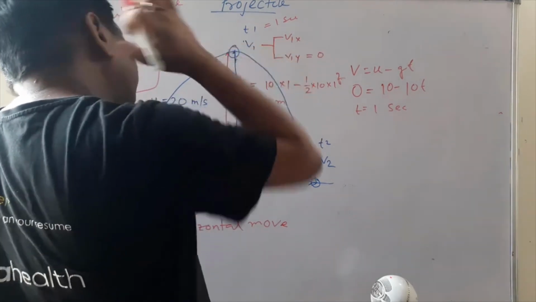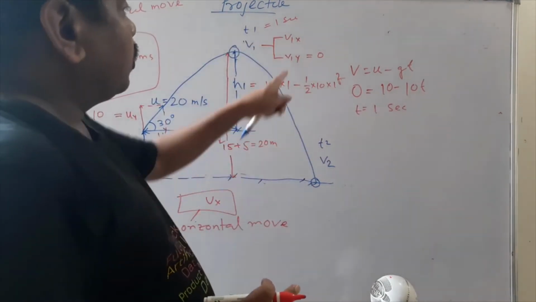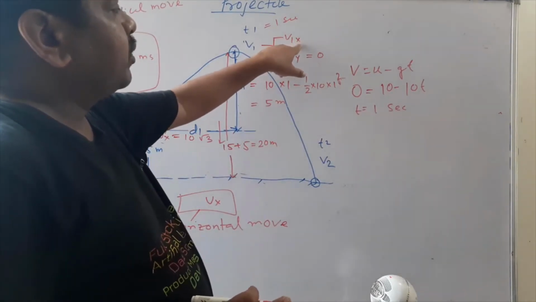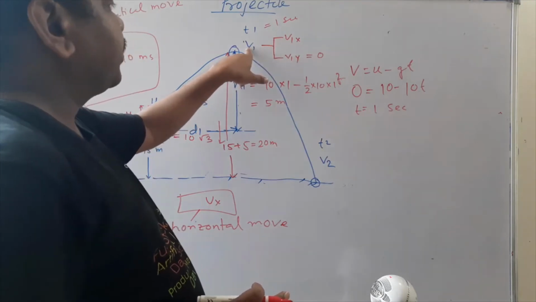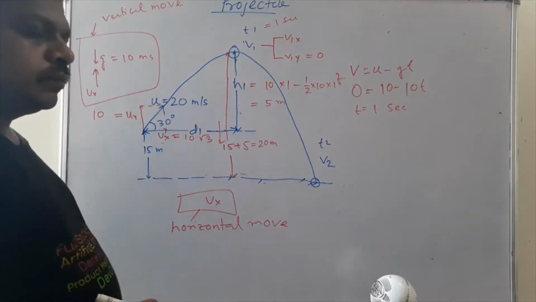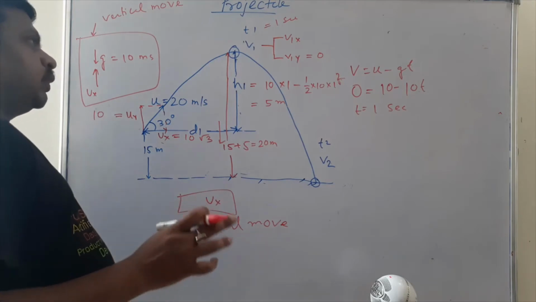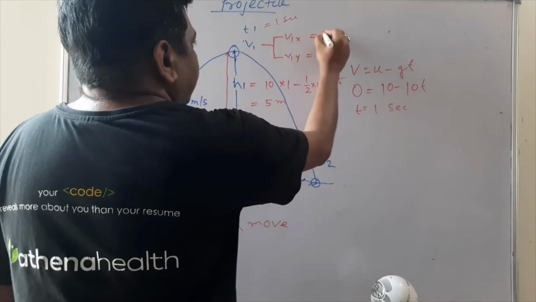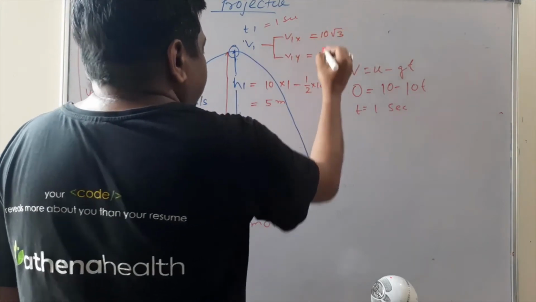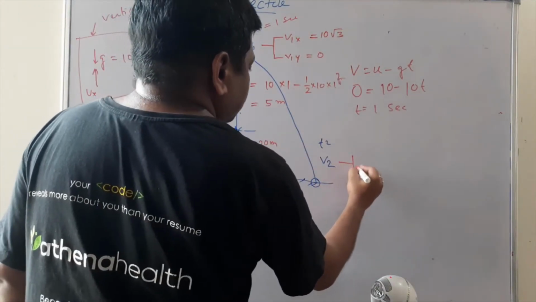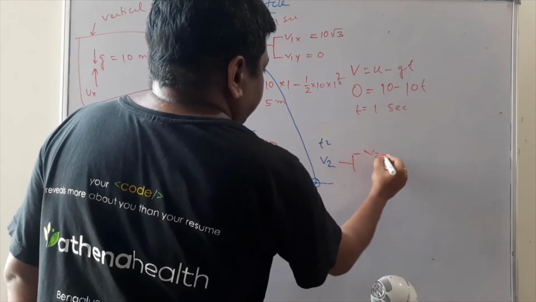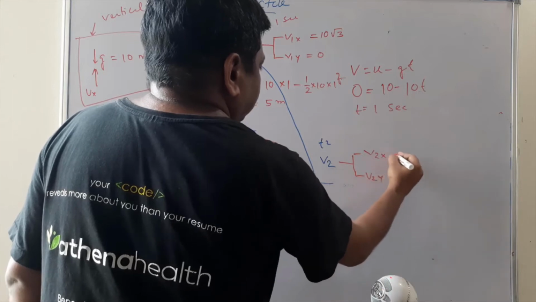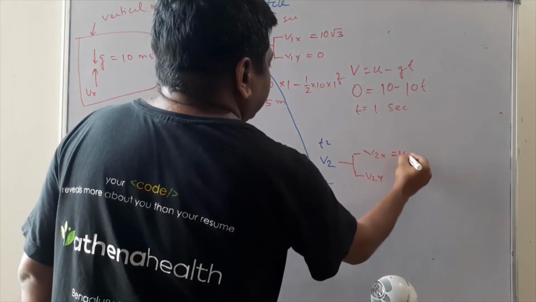So can you please tell me how you will calculate the x component of this velocity? That will be ux equal to 10 root 3, and if these two components are v2x and v2y, this will also be 10 root 3.